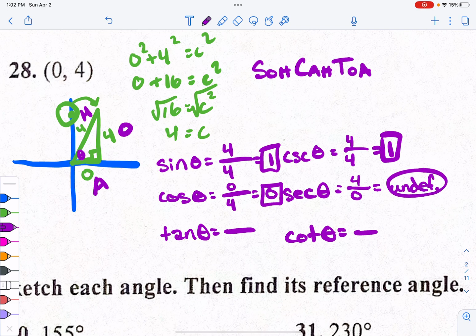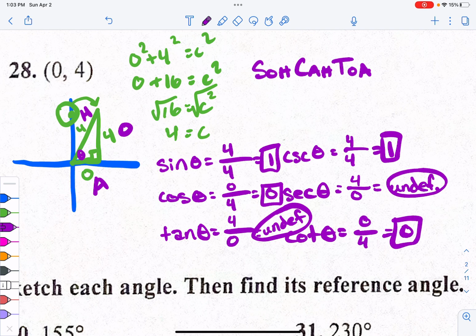So that's what secant is, an undefined value, all right? Tangent is opposite over adjacent, so 4 over 0, which is undefined again. Okay, undefined, because we're dividing by 0. And then cotangent would be 0 over 4, which is just 0 again. So that's how he looks.